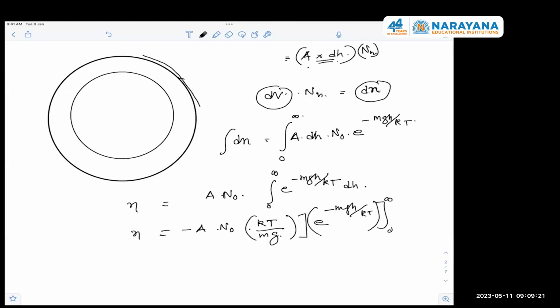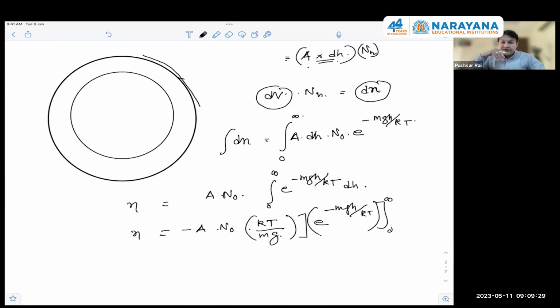Sir, how is area constant? Area should increase with height. So we have taken into consideration now. You are saying that this area should also change with height. Yes, sir.